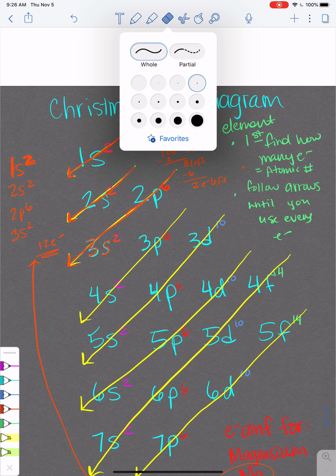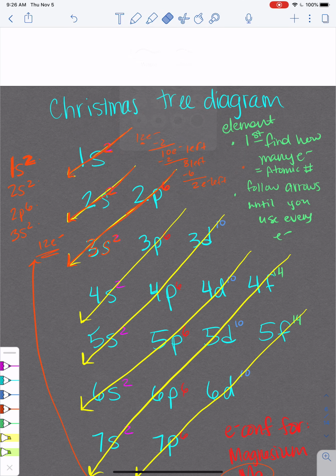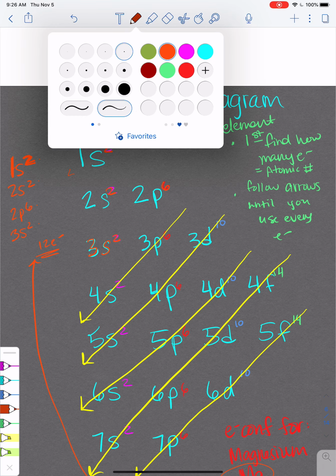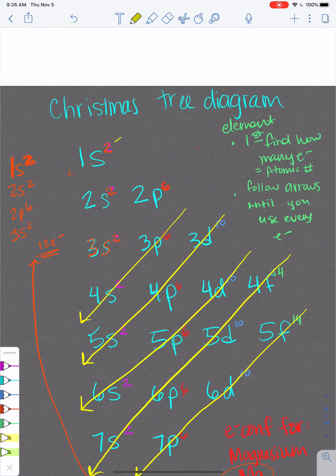If you wanted to start with the chart, you could start over all the way at the top of the chart and follow the arrows. Like I said, the arrows don't change, they just got erased.